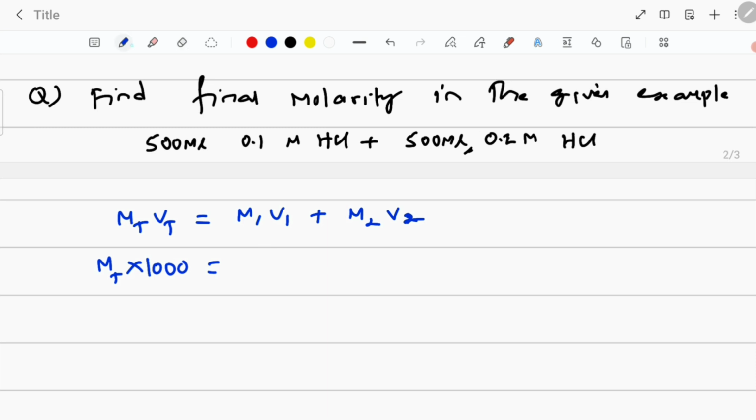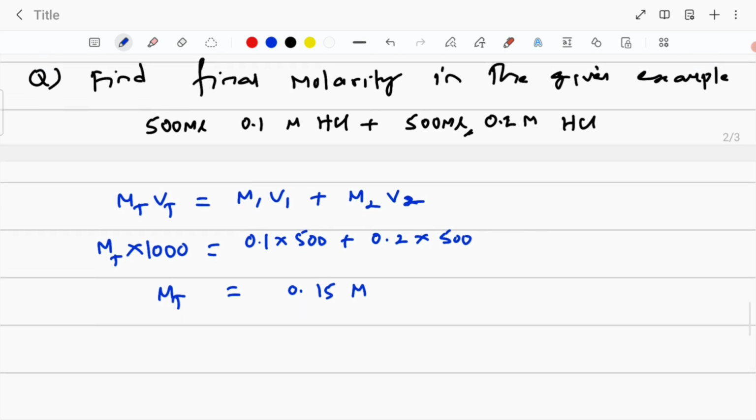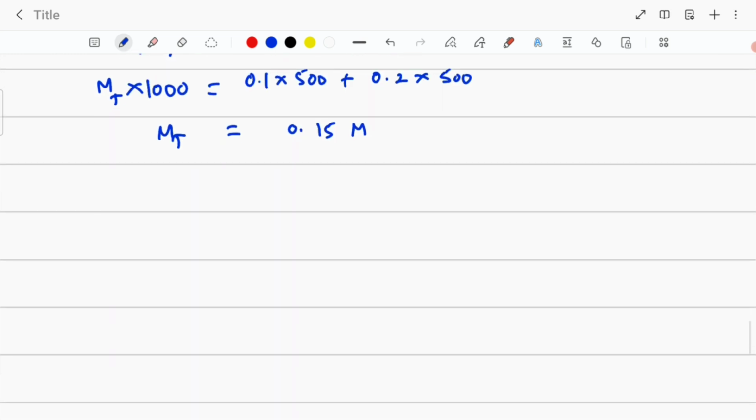The first solution molarity is 0.1, with volume 500, and the second solution molarity is 0.2. Overall after calculation you will get M total equal to 0.15 molar, that is the final solution. This question format is based on mixing of two solutions having the same type of solute.